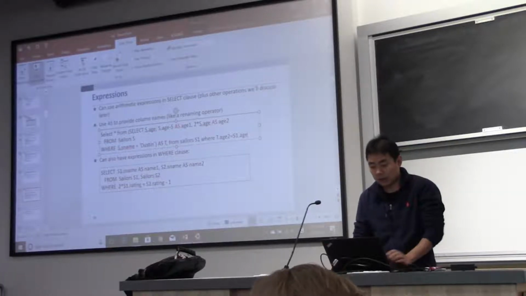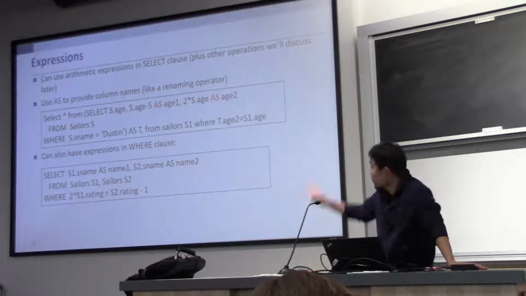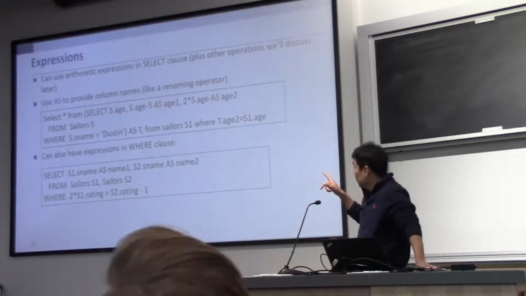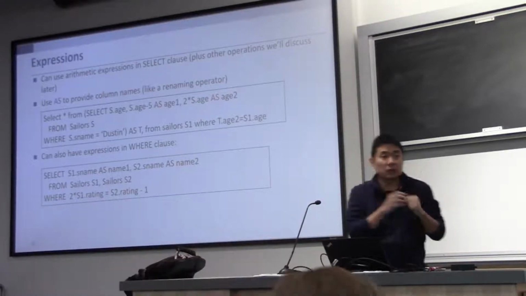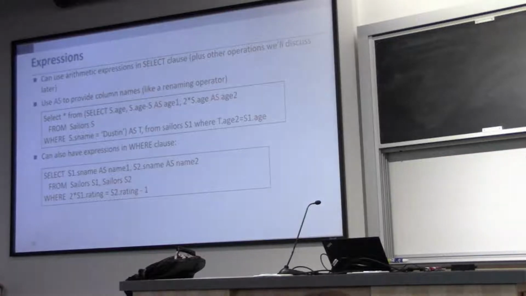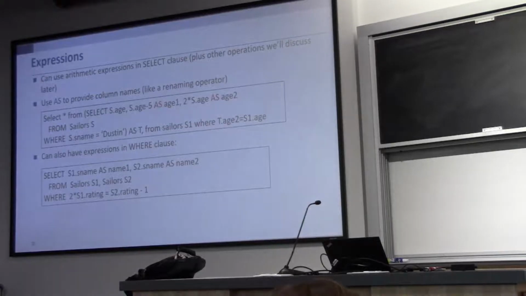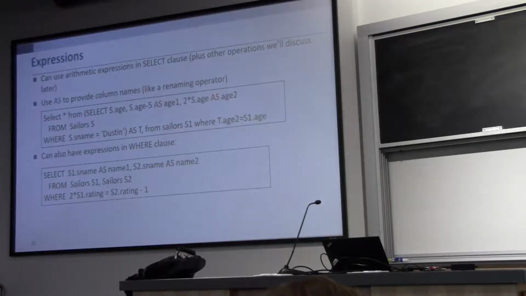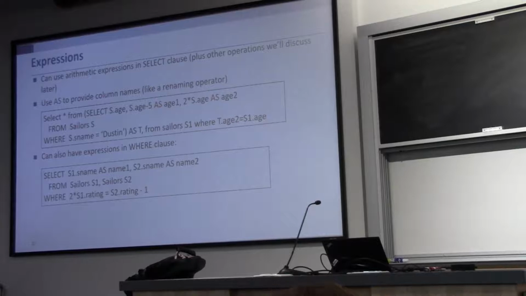You can do things like this. What this query does is to pair those sailors together into one T, such that one sailor's age is 2 times of the other sailor's age. Does that make sense to you? So we actually went over this example towards the end of last lecture.